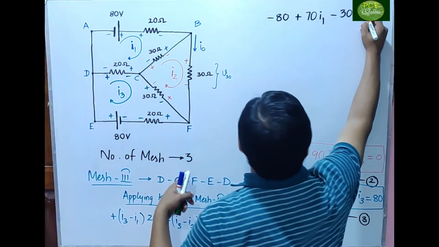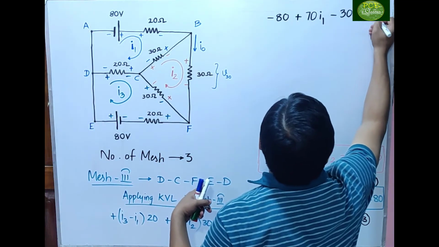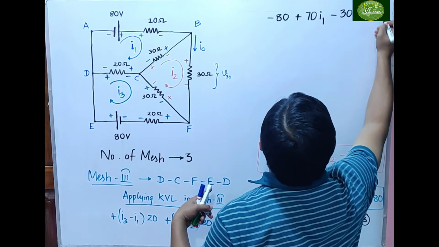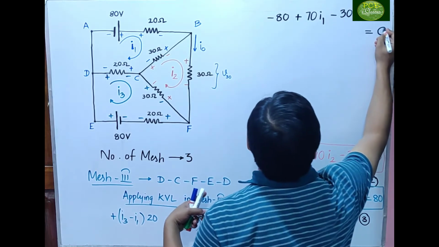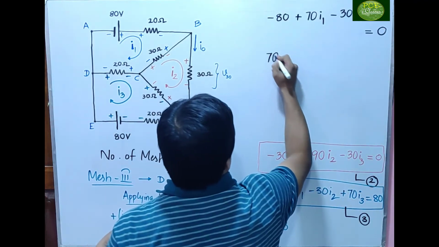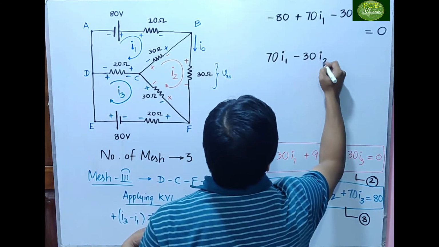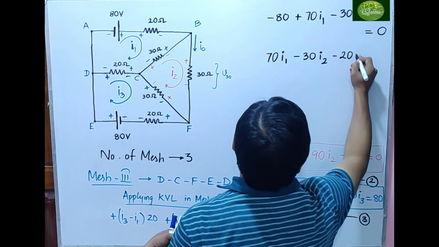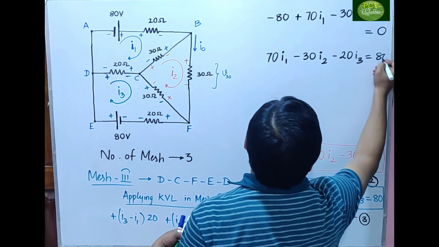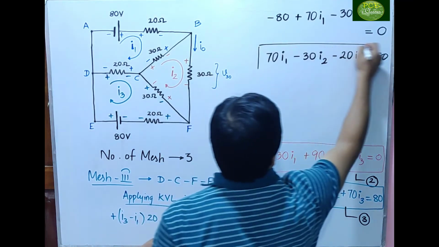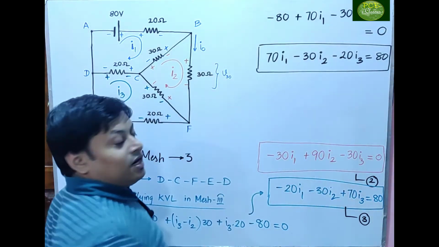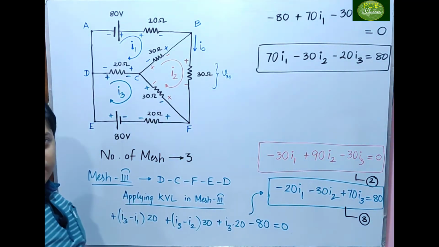So write this as minus 20 I3. That equals 0, which can be written as 70 I1 minus 30 I2 minus 20 I3 equals 80. Is it not the same equation we have got? Directly we can write it down. Fine.